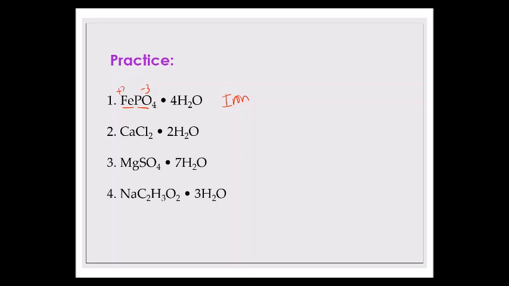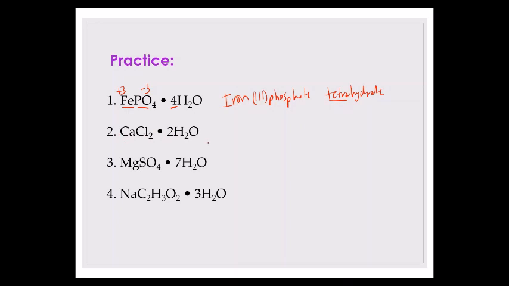This is +3, so that means this is iron 3 phosphate. So that's probably the harder part. Now, what's the prefix for 4? Tetra, so this is tetrahydrate. Tetrahydrate.